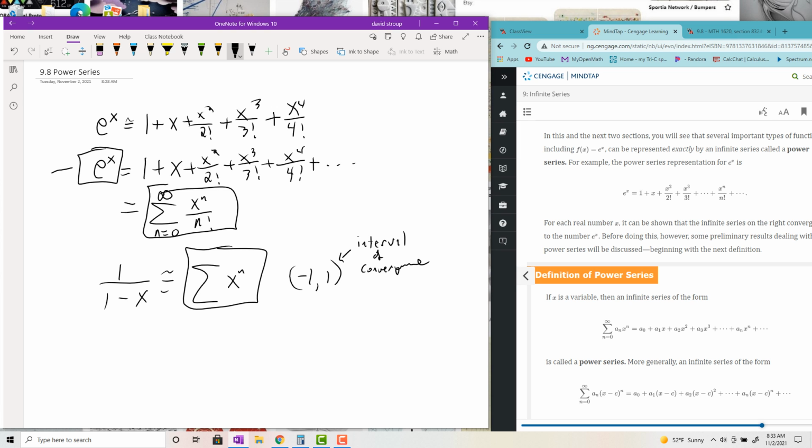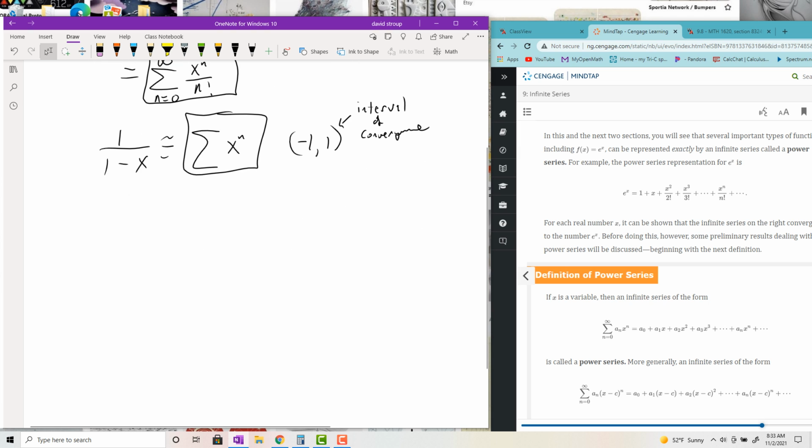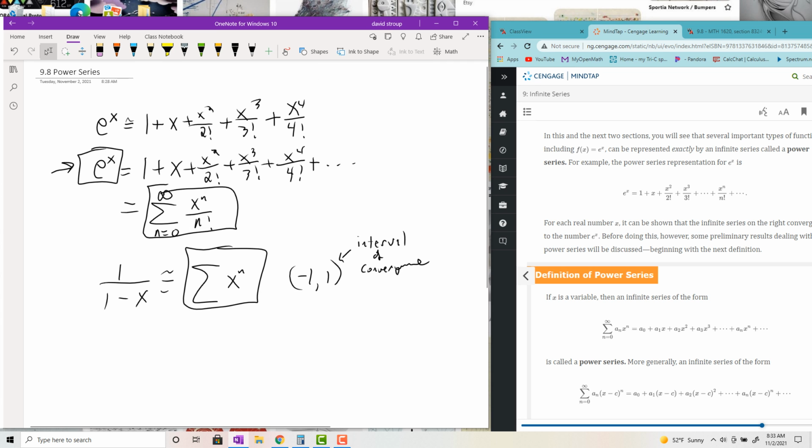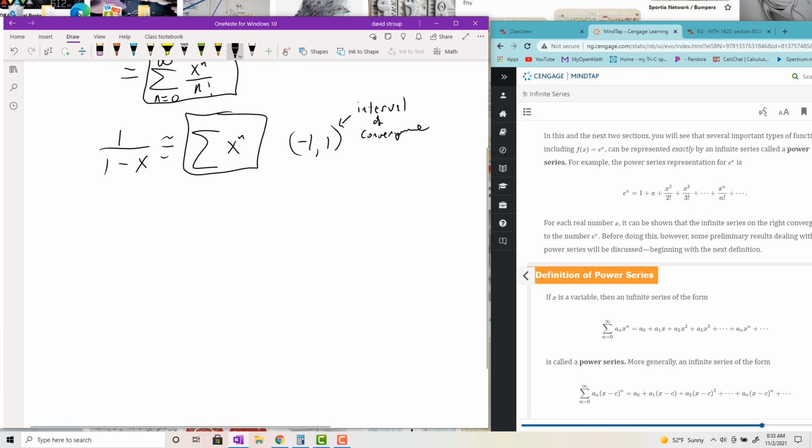So for the time being, we're going to forget about this idea that we can use these series to get approximations and even in some cases use them interchangeably. We'll forget about that for a second and just worry about this interval of usefulness. And so we're going to be studying these series away from the functions that they'll eventually represent. And these series are called power series.